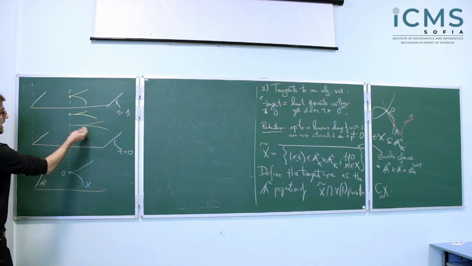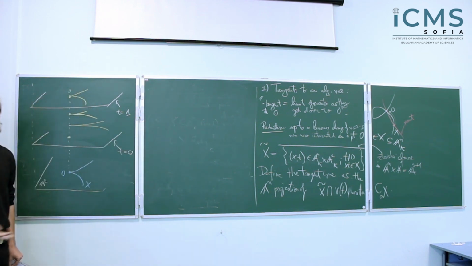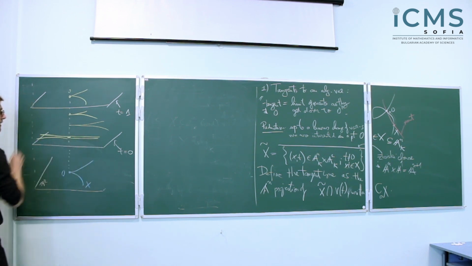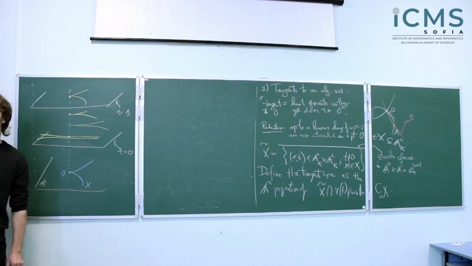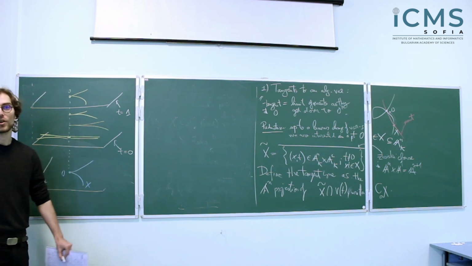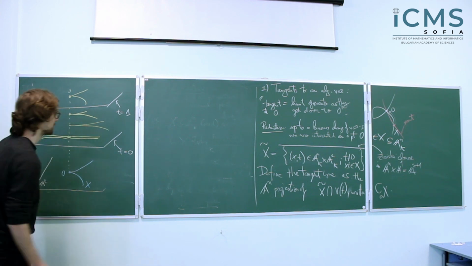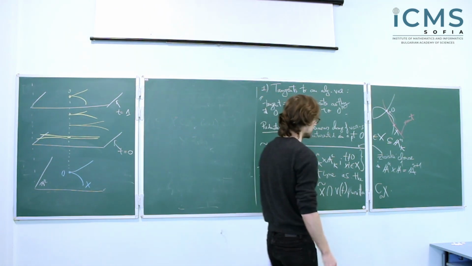So when you stretch them out to infinity, they become only two lines. This is what it will look like. Of course, there's an extra added piece here because we're considering a real picture, and in complex numbers there should be something on this other side as well. Okay, so this is why the tangent cone is defined like this.